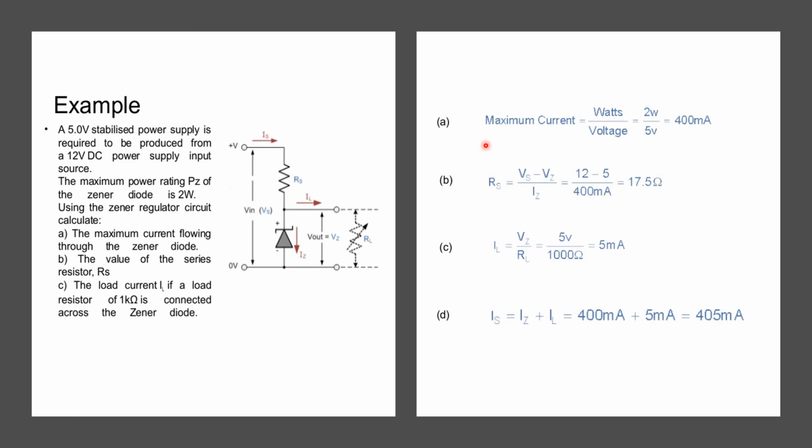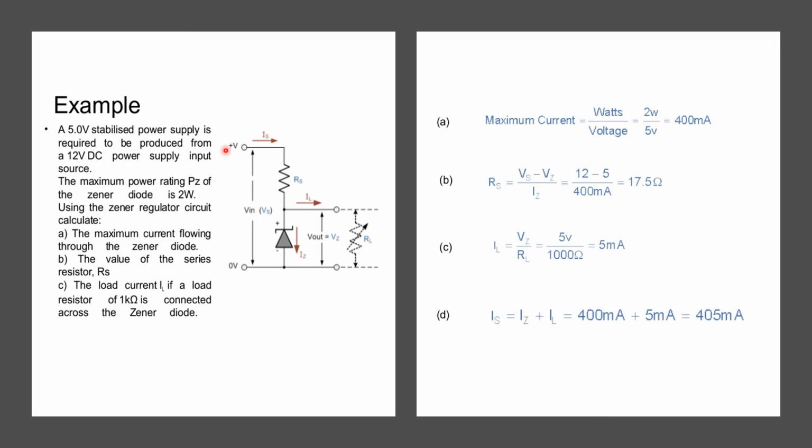So now we will calculate the maximum current first. As we know, wattage is equal to voltage into current. So by that way we need to calculate the maximum current of the Zener diode. In this case they have mentioned it will allow the maximum power of 2 watts.